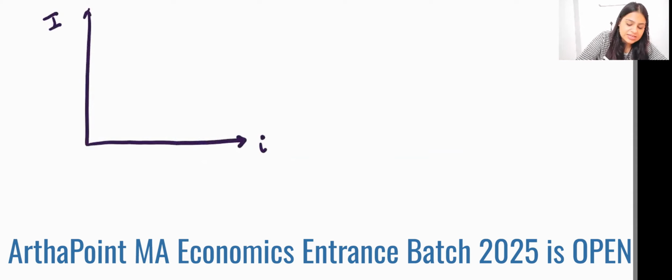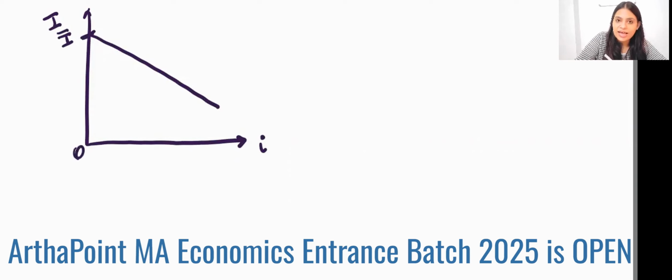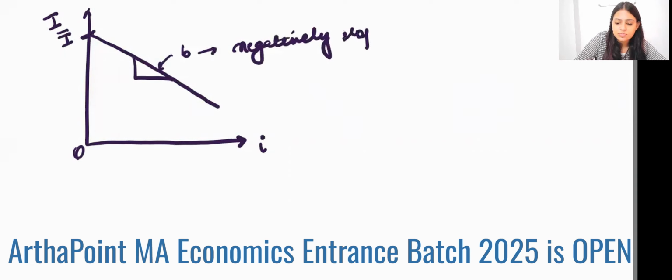I said this is I bar when the interest rate is 0, then I have investment equal to I bar. The slope is b and my function is negatively sloped. This is what I told you.